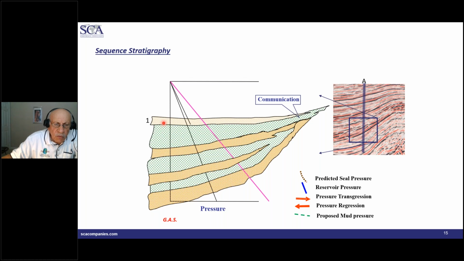Here we have 1, 2, 3, 4 layers here. This is porous and possible reservoirs. Okay, the upper one here is not enough time to get hydrocarbon in it. But what we see here, we see a communication right here at this point from the seismic.